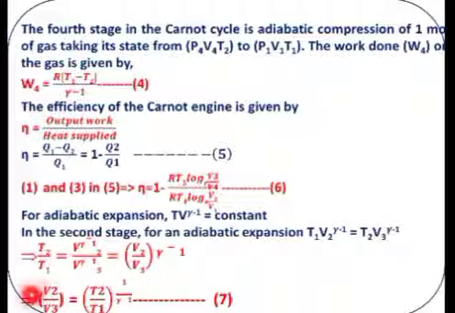We know this. If we shift this to the left-hand side, then V2 by V3 is equal to T2 by T1 raised to 1 divided by gamma minus 1. We can call this equation number 7. These are all the mathematical part. Please write down all these expressions in the worksheet, so it is easy for you to understand how I have substituted all these values.